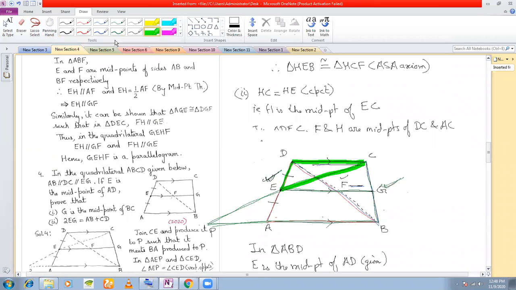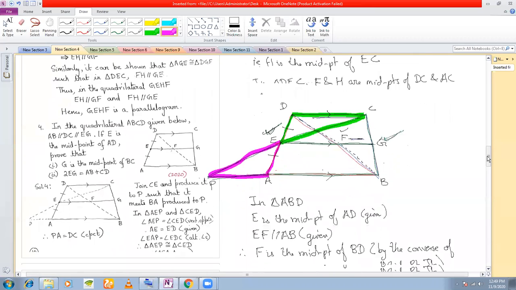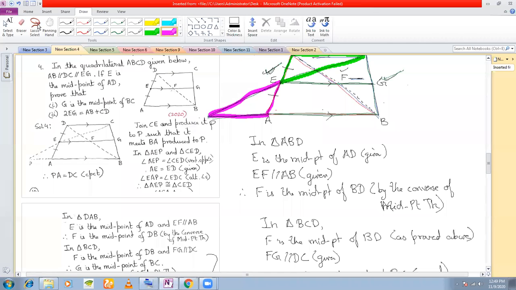This triangle and this triangle. These two triangles, you have to show that they are congruent. Only then you can say that E is the midpoint of PC. Sorry, I skipped that part in the solution. So you do it this way. Let me just erase these two so that it is convenient for me to see.